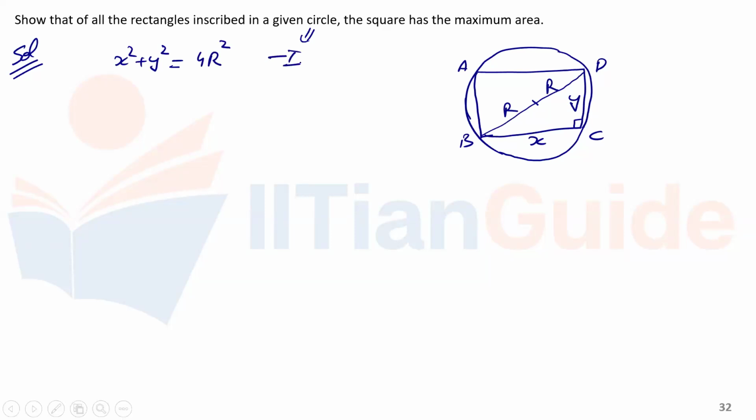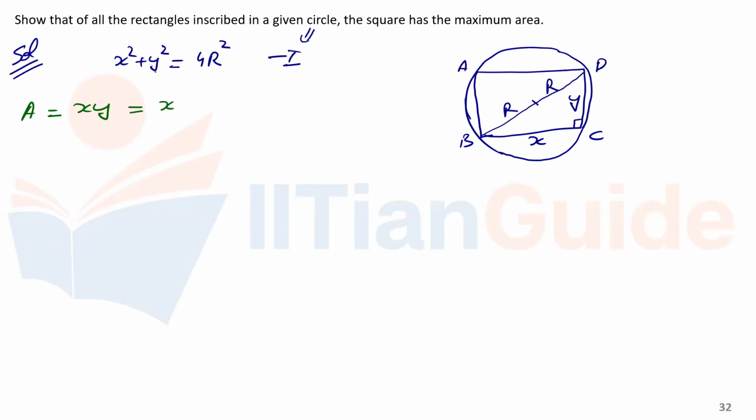Now I will calculate the area of the rectangle. Area, if I write, that will be x into y. I need to maximize or minimize the area. Am I right? Area को maximum minimum करना है, यही है ना? No problem? Clear? Okay, just wait a minute.